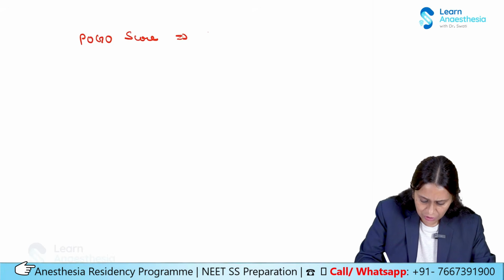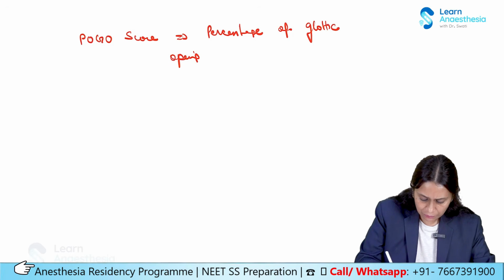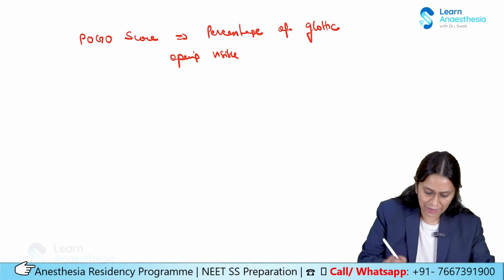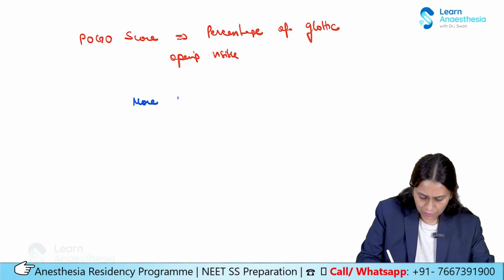Now the next grading system, as I said, is the POGO score, percentage of glottic opening visible. As I said, it gives a more precise estimate, right?